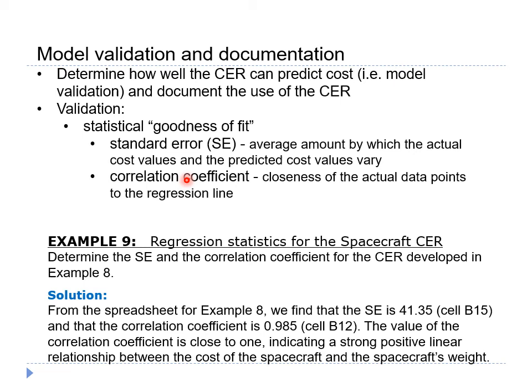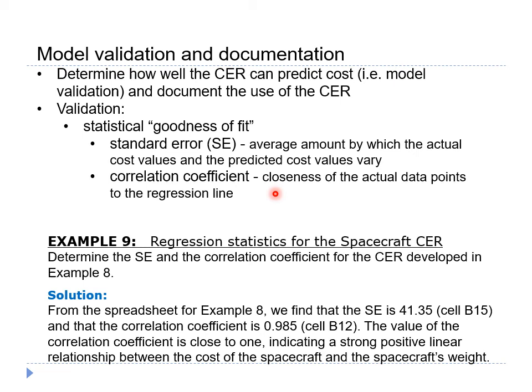Analysts must use goodness of fit measures to infer how well the CER predicts cost as a function of the selected cost drivers. The standard error measures the average amount by which the actual cost values and the predicted cost values vary, whereas the correlation coefficient measures the closeness of the actual data points to the regression line. We can determine these two values from the output of the regression model.